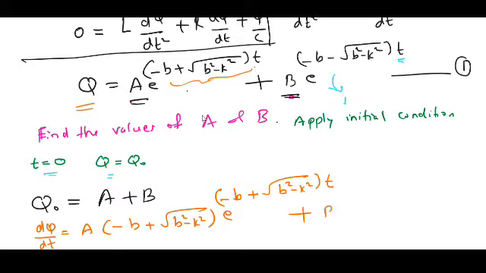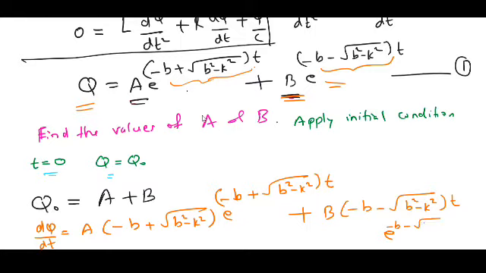Plus we have the second term, B, and the differentiation of this e power term gives (-b - √(b² - k²)) times e^((-b - √(b² - k²))t).